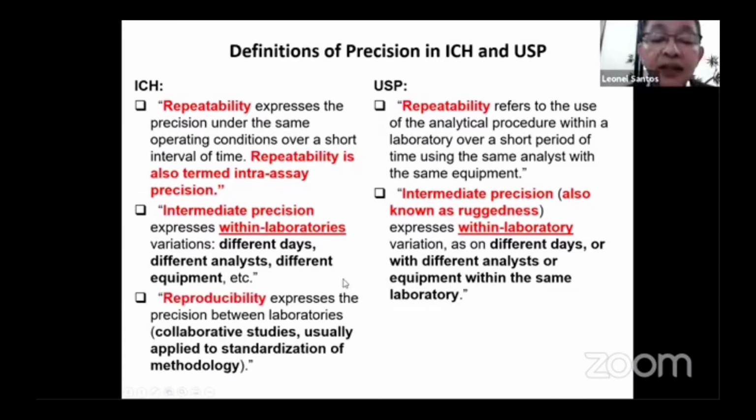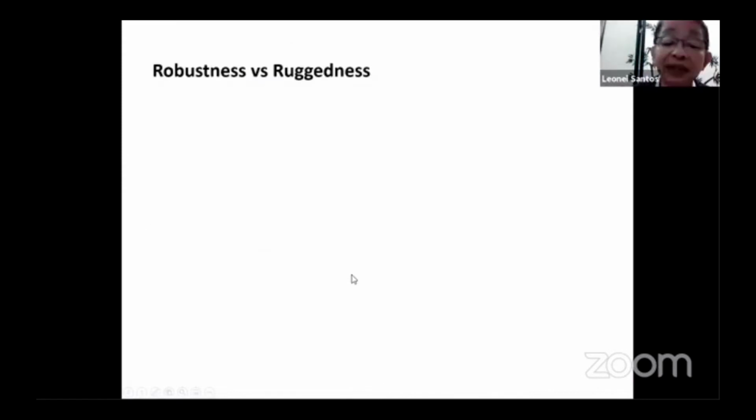And then the one that is not typically done would be the reproducibility, which is what is termed interlaboratory. This would be, for example, analysis from one laboratory, say at the FDA, another analysis done in an academic lab, and then the third one from an industry. So those are three different labs.